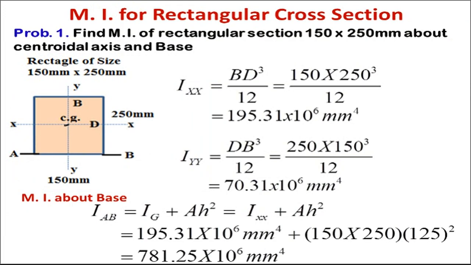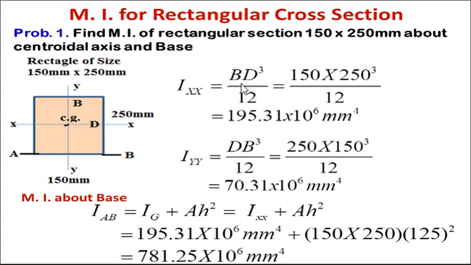This is an important part for all examinations, because in many competitive examinations this moment of inertia part is asked. For simple sketches they ask you to calculate the MI of different cross sections. Actually MI does not carry any marks directly in the examination, but MI is a very important part of this unit 3, bending and shear stresses.